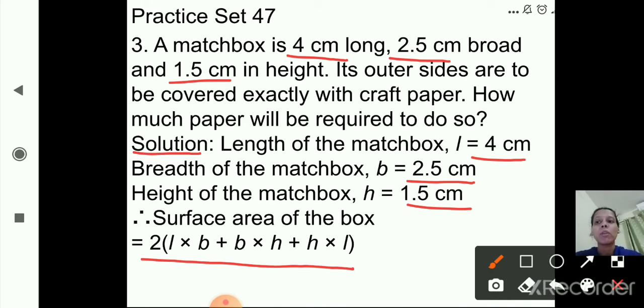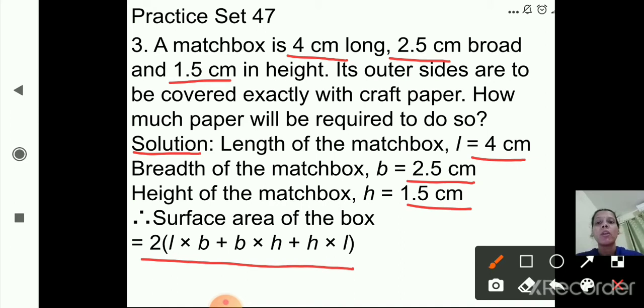Therefore surface area of the box is equal to 2 outside the bracket, inside the bracket, L into B, that is length into breadth, plus B into H, breadth into height, plus H into L, height into length. Okay, so after writing the formula we will put the values.